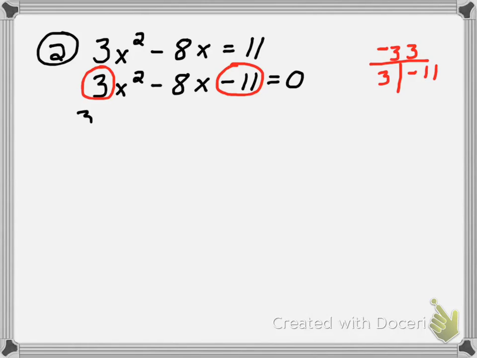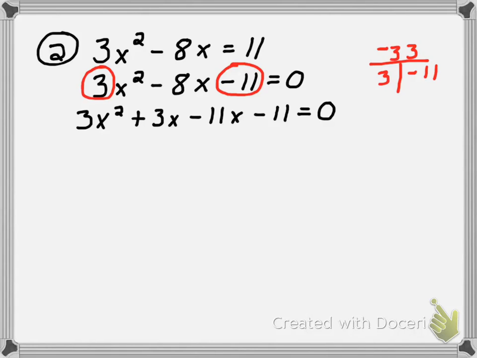Now remember that that 3x squared doesn't change. Our negative 8x will become a positive 3x and a negative 11x, and then the negative 11 on the end still stays the same along with the equals 0.